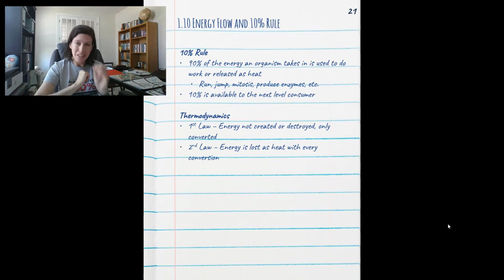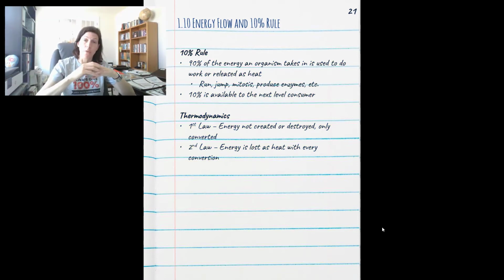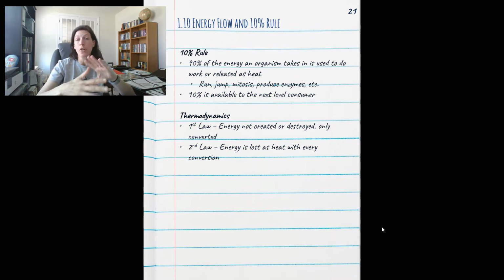So what that means is only 10% of that original energy coming into the organism is available to the next level consumer. Only 10% of the energy is available. The reason for this is the laws of thermodynamics. The first law says that energy is not created or destroyed, only converted.